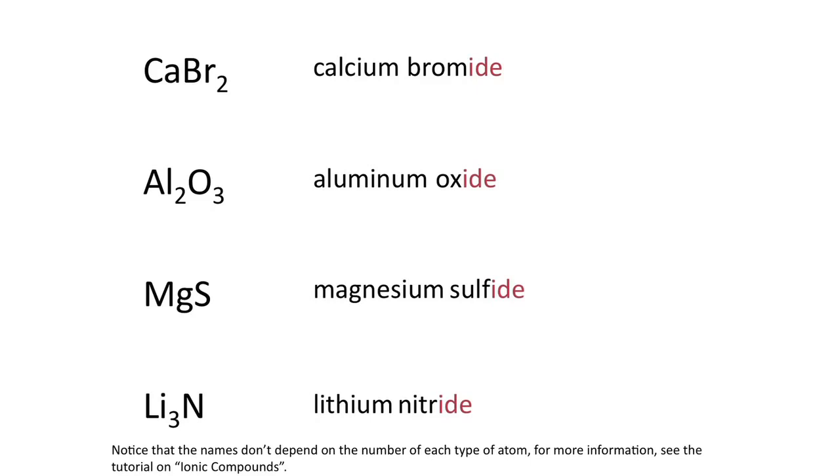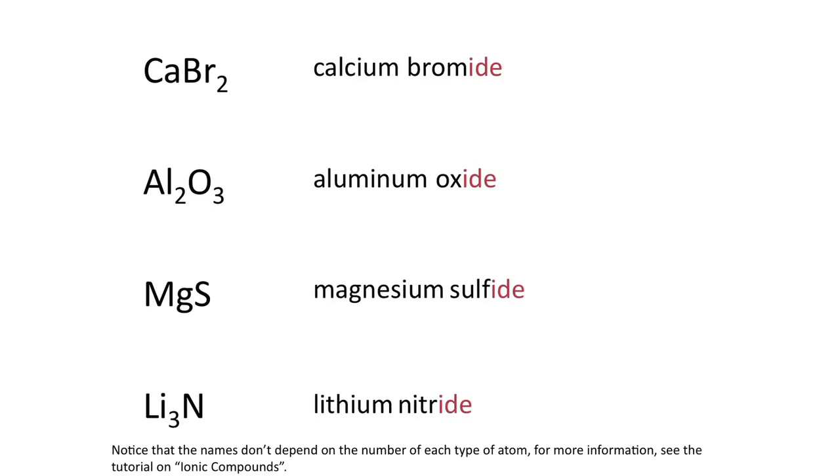Because most elements only form ions with a particular charge, they have to combine in specific ratios. And if you want more information on this topic, go ahead and watch the tutorial on ionic compounds. In that tutorial, I discuss how to determine the empirical formula of a compound formed from two different types of ions.